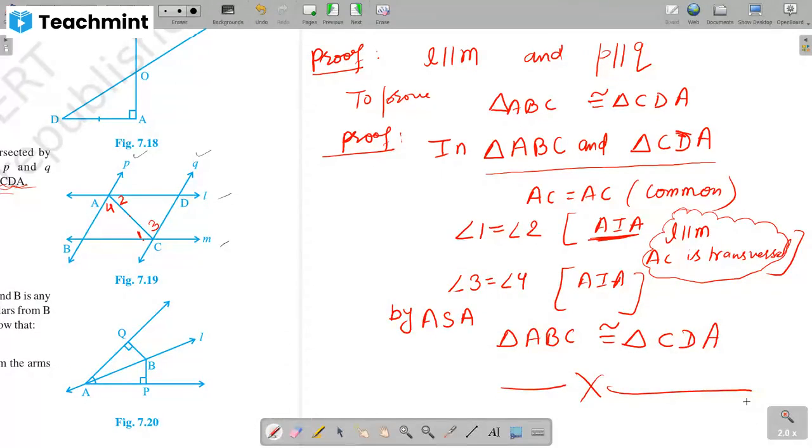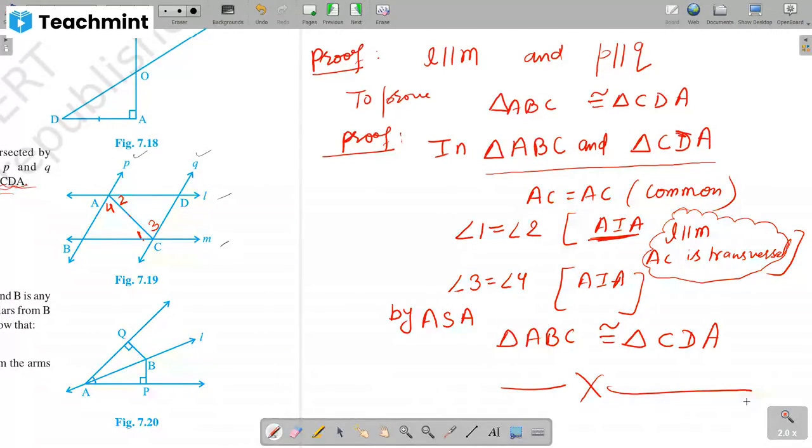Ma'am, in this case, can it be proved by AAS also? Of course. All the questions which we can prove by using angle side angle congruency criteria, we can also prove by using AAS, because the third angle is also equal.